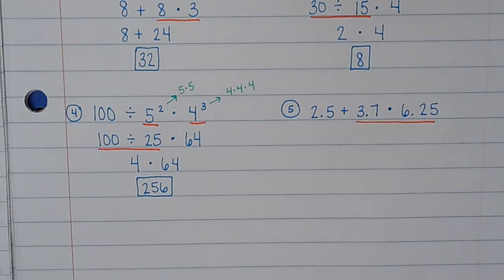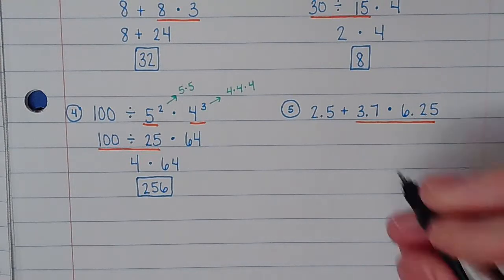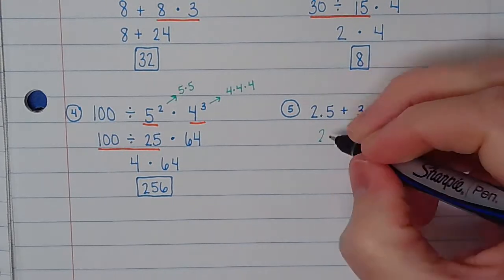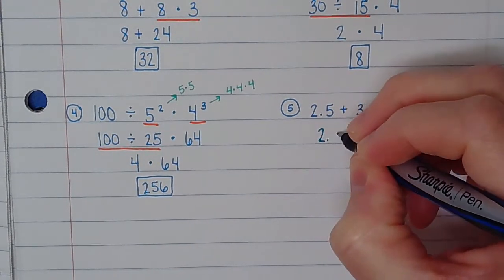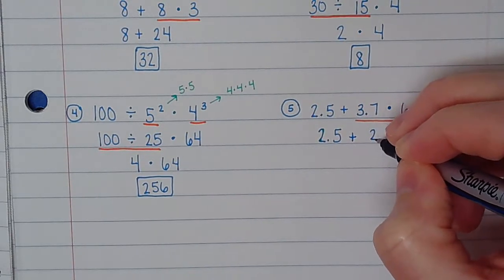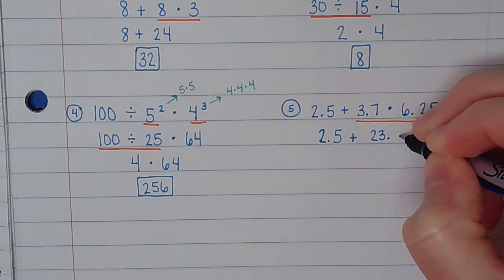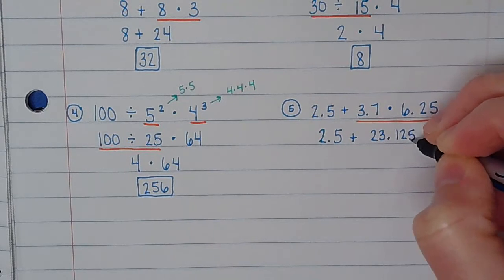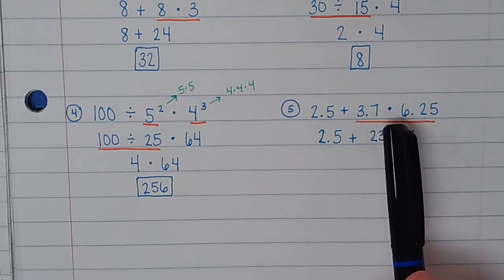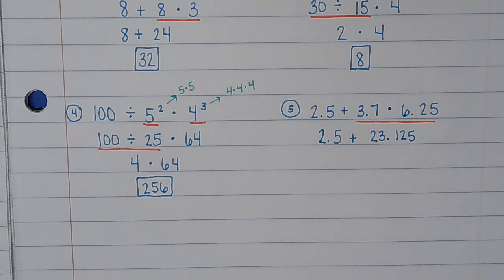So I got to do 6.25 times 3.7, and I get 23. Let me write it. So wrong color. You might not be able to tell, but I can. 2 5/10 plus 23 125 thousandths. All right, I've done these ahead of time. You would obviously need to multiply this out because I don't want you using a calculator.